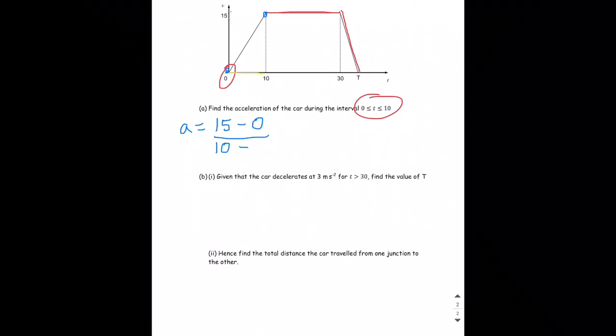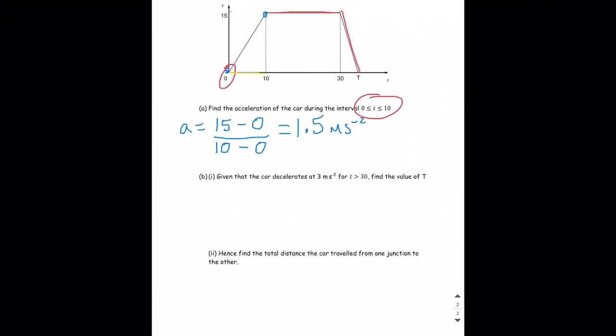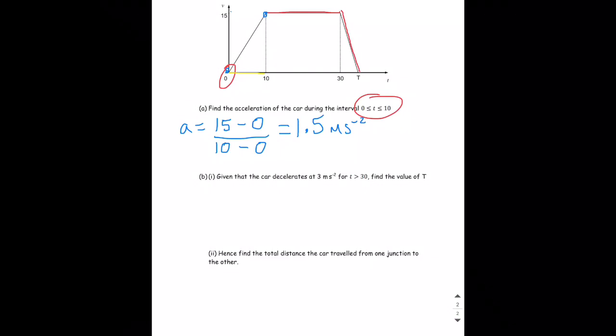I'll do the 10 minus 0 as well for you there, but it basically speeds up 15 meters per second in 10 seconds, so that's 1.5 meters per second squared. So that is our acceleration. If you can work out the gradient of the graph, then that will give you the acceleration.